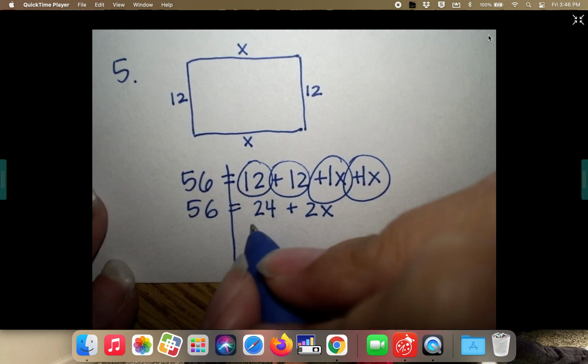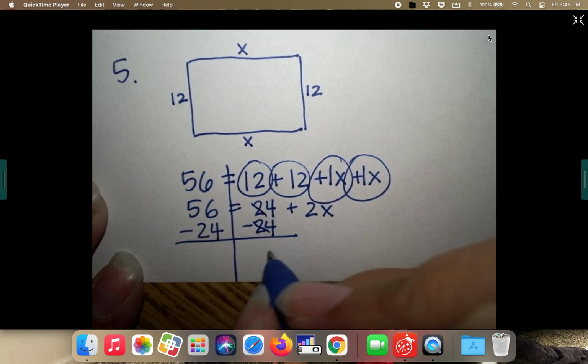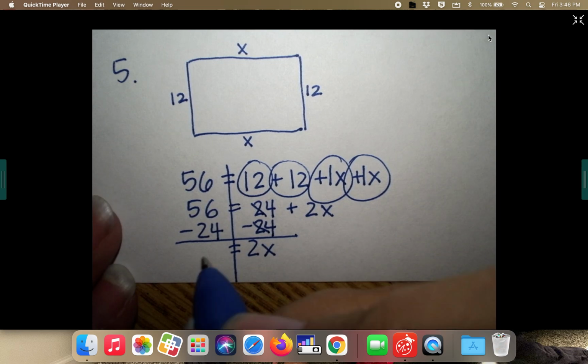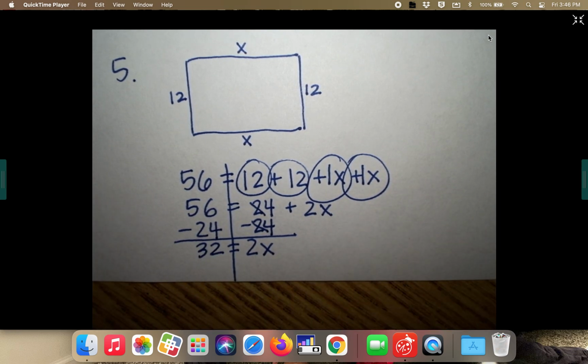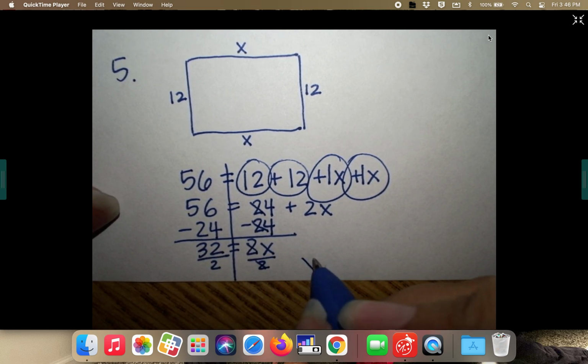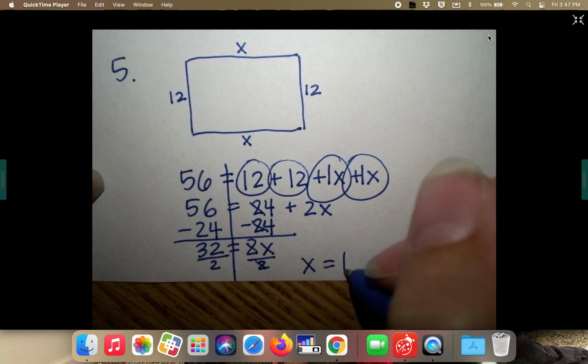So I'm going to subtract that 24 from both sides, and it leaves 2 of the x's, which have to be 32 feet. So I'm going to divide each side by 2. I'm running completely out of room here, but x would be equal to 32 divided by 2, which is 16.